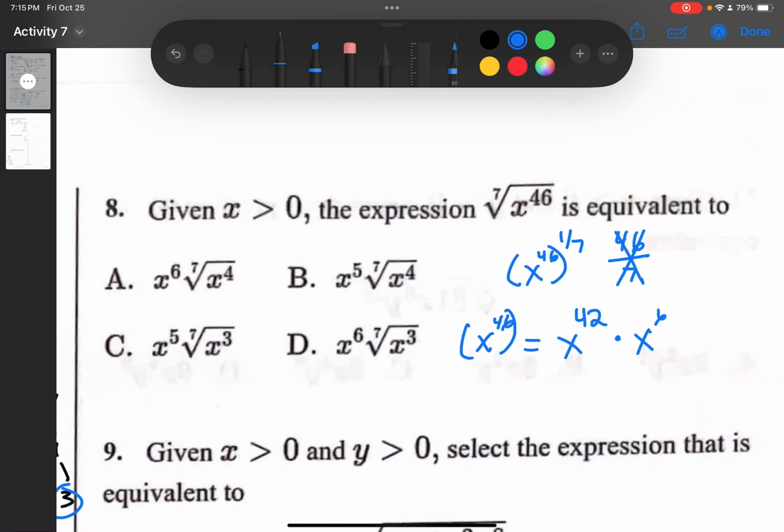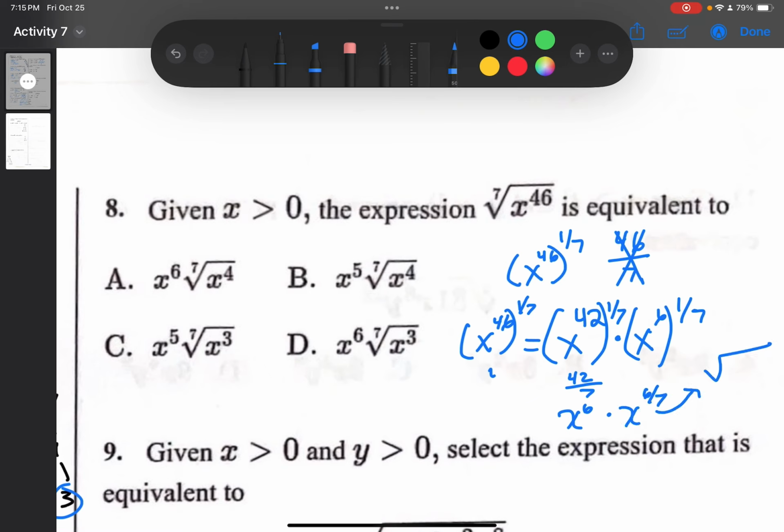But now when you're taking it to the 7th, you can take these to the 7th each. And you should be able to see that 42 over 7, that's 6. So you have an x to the 6th times x to the 6/7, which you remember is the same as x to the 6th under the 7th root.